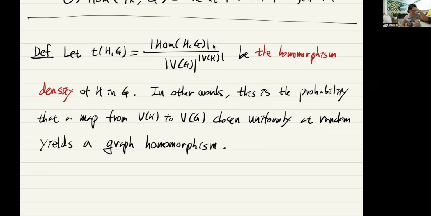So this is one probabilistic interpretation of this homomorphism density.